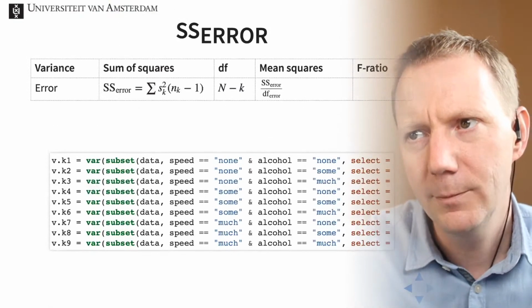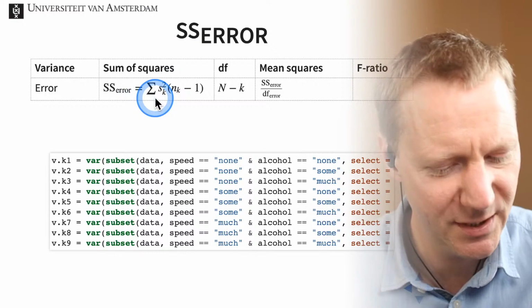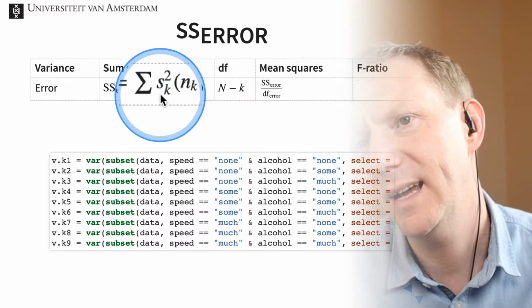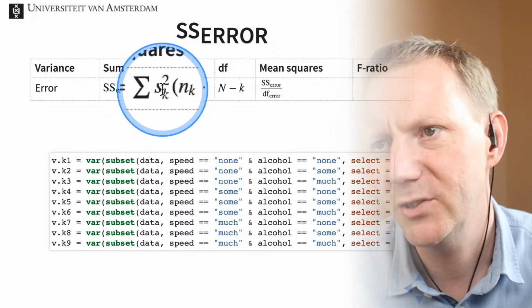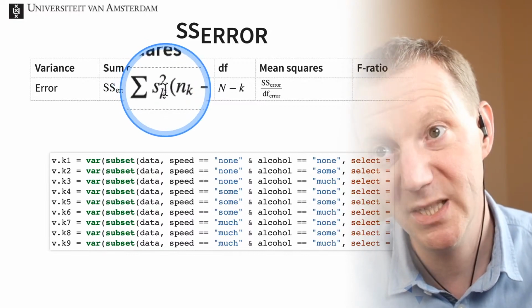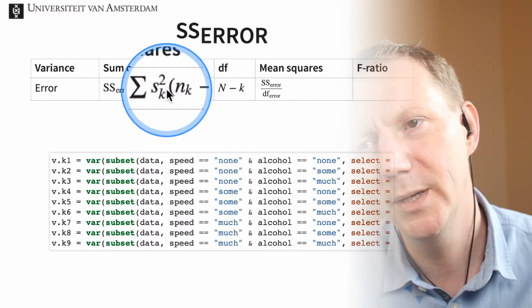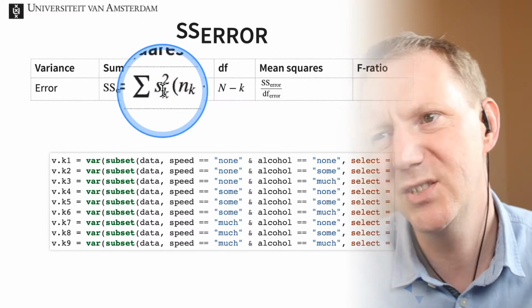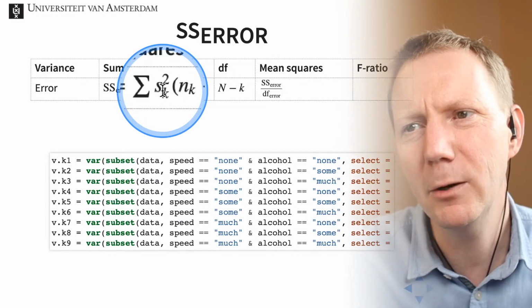So for the error, this is a bit again, as I stated earlier in earlier lectures, putting the variance here is a bit misleading, because it's not clear what's going on here.